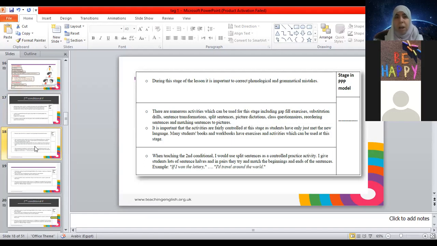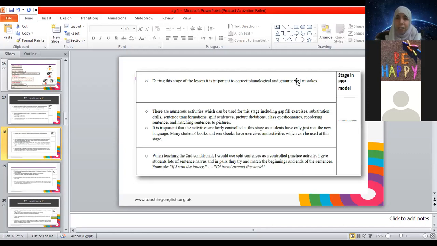I distribute parts of sentences in the classroom. I divide the class, for example, into two teams. The first team has the first part of the sentence, and the second team has the second part of the sentence, and they match and find their partner. For example, here we have: If I won the lottery, I'd travel around the world.